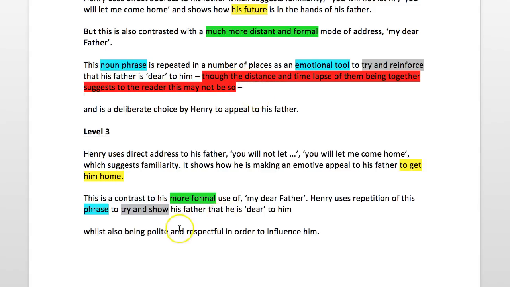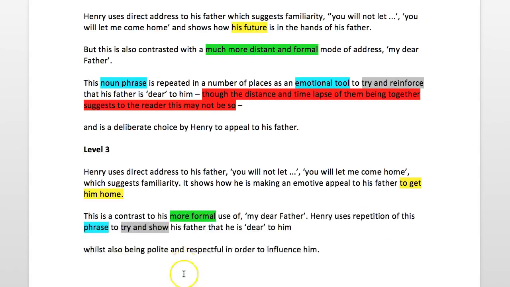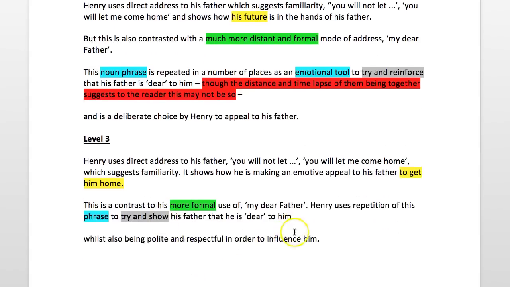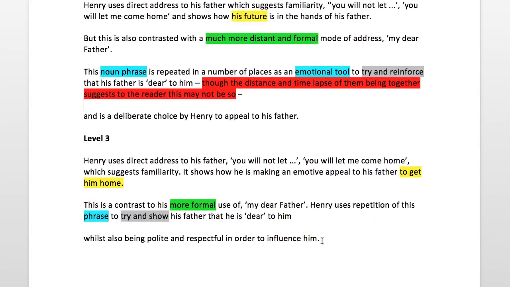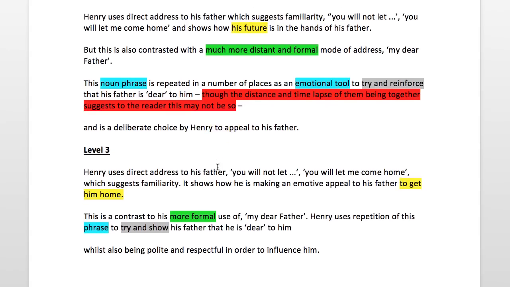Really, there isn't that much difference, is there, between this and that, and the examiner's going to do it on a gut instinct, and it's just simply that, which I've highlighted here. Can you introduce more than one interpretation or more than one idea for each quotation? If you do that, you will get much higher marks.